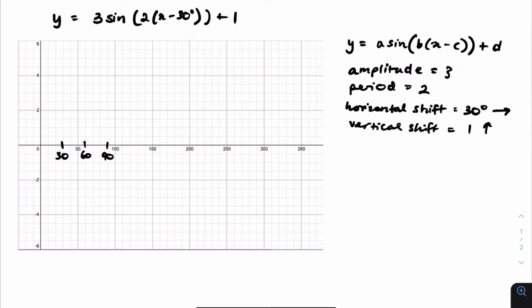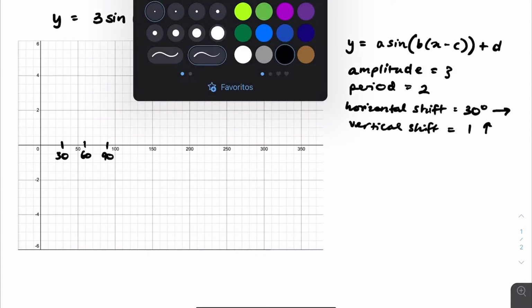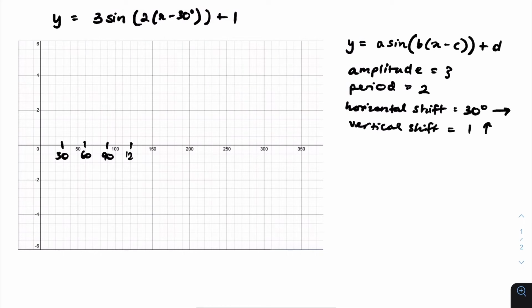I'm just going to decrease the pen size, it's a bit thick. 120, 150, 180, 210, 240, 270, 300, then 330 is right there, and 360 is over here, and 0 is obviously over here.